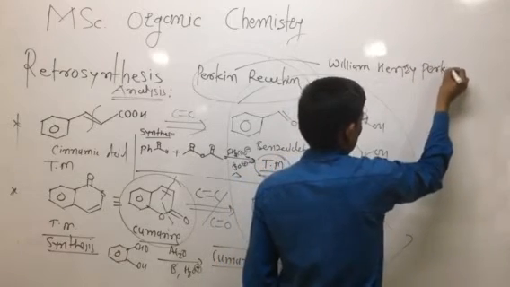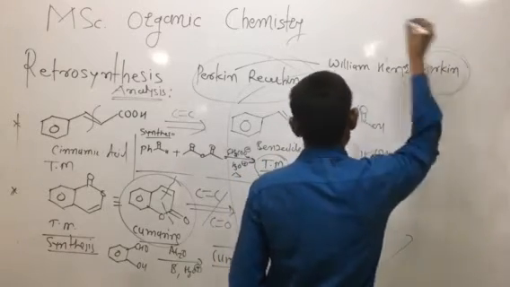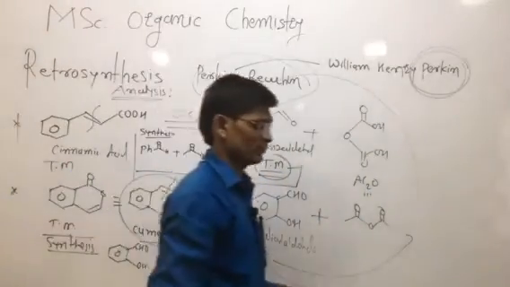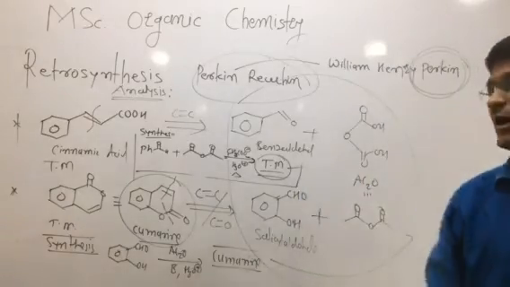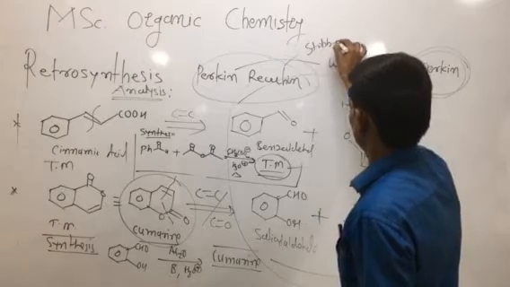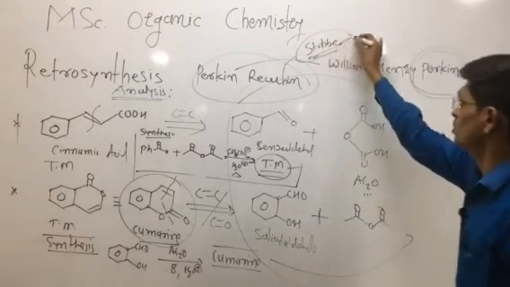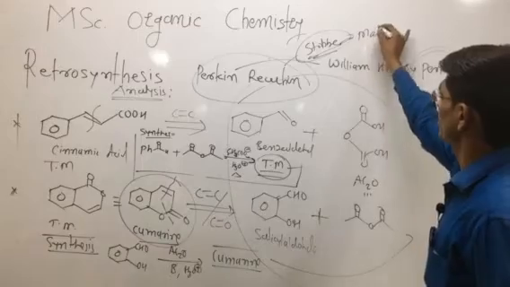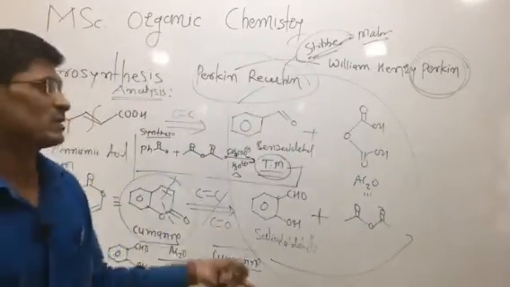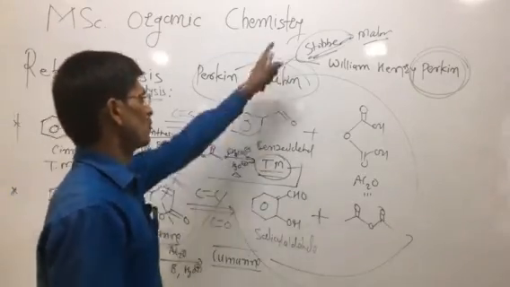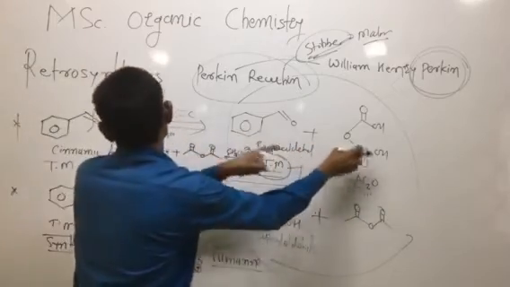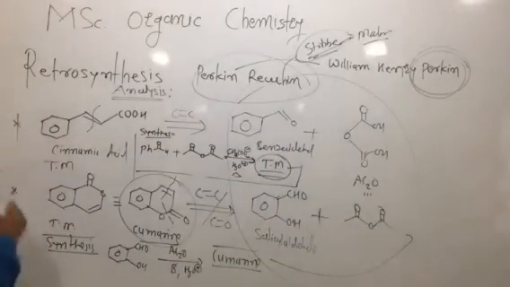In the Perkin reaction, cinnamic acid is the product, and similarly in the Stobbe reaction, we take malonic ester or malonic anhydride as the starting reactant. But in the Perkin reaction, aromatic aldehyde and acetic anhydride in basic condition form cinnamic acid.